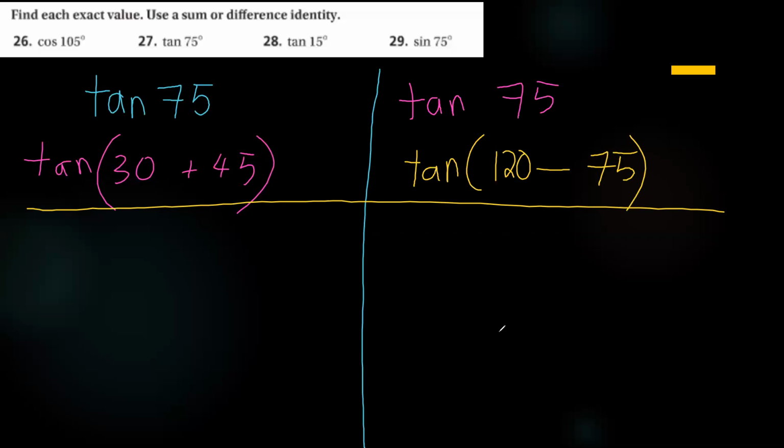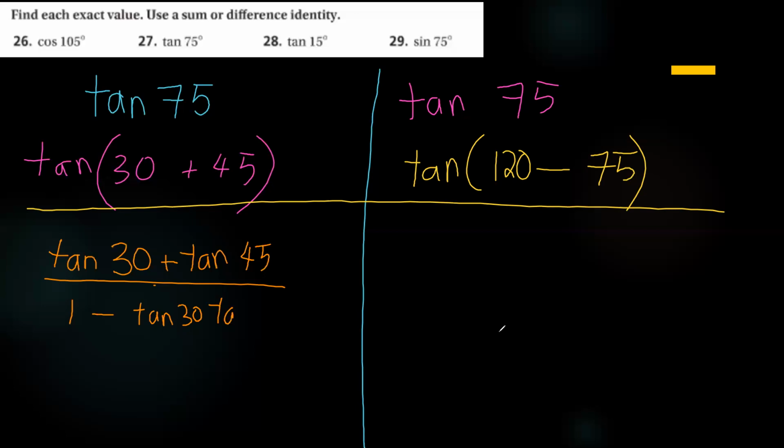Tan of 30 plus 45. Since we have plus, we keep the plus as it is. So tan of 30 plus tan of 45, over 1 minus, and I'll change the sign, tan of 30 tan of 45.